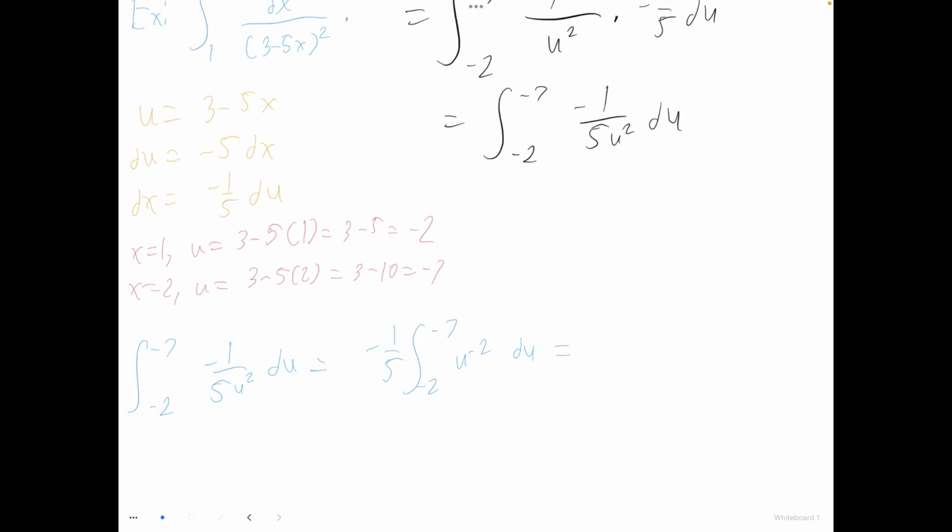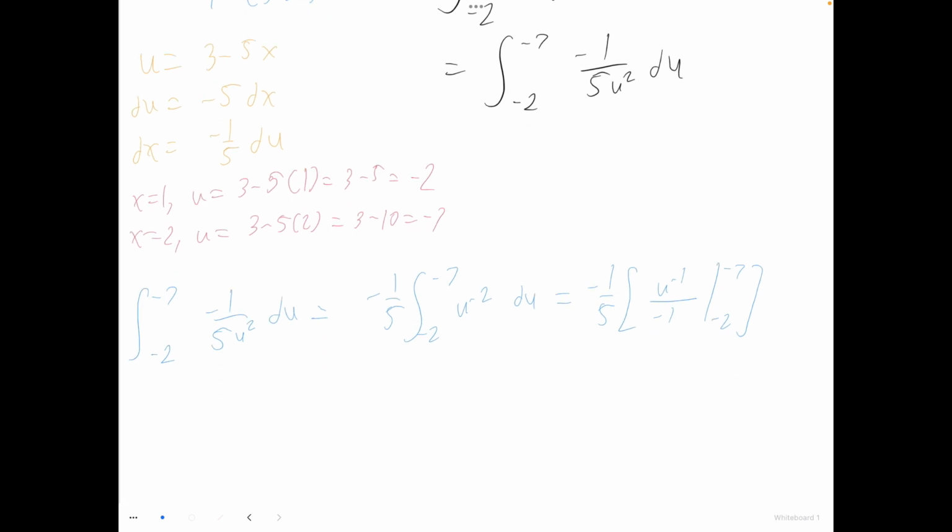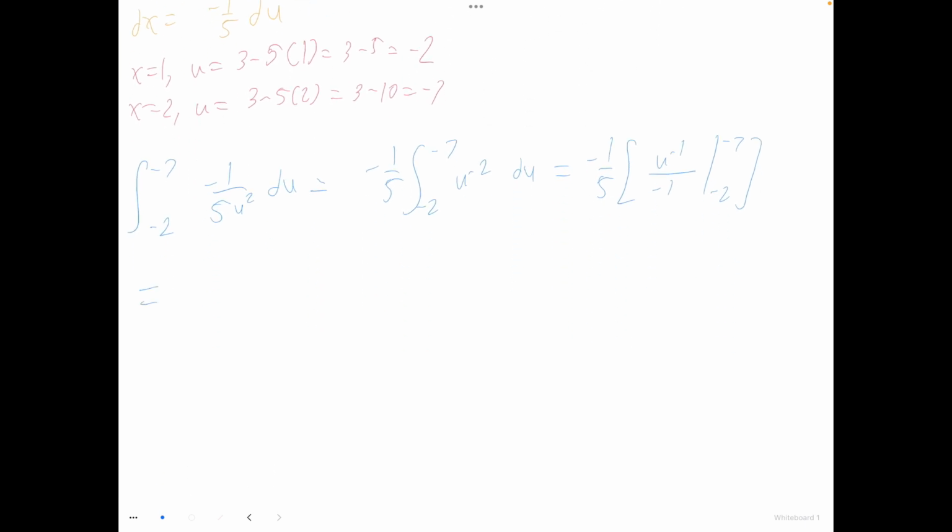So this is going to give us negative 1/5 times u to the minus 1 over minus 1 from negative 2 to negative 7. Okay, and so this then is negative 1/5 times negative 1 over u from negative 2 to negative 7.